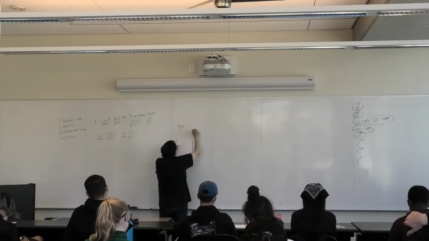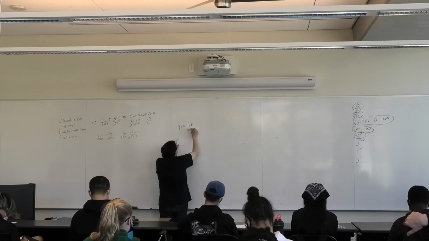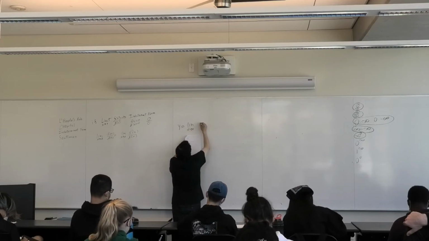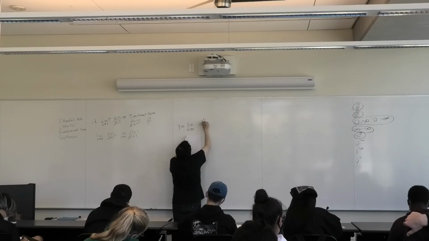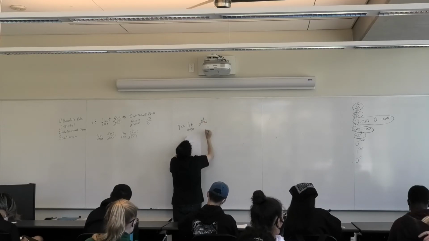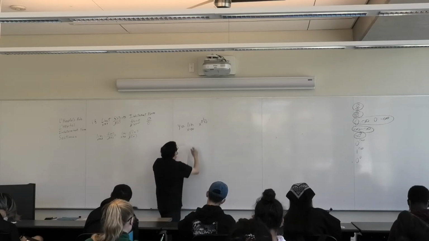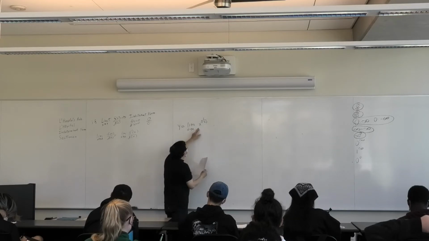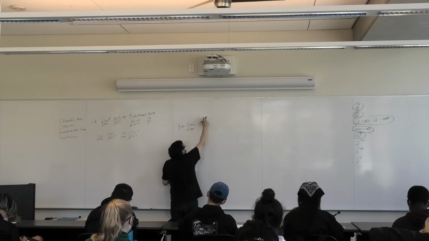I'll stick my y in right away because I know what's coming. y is the limit as x approaches 1 of x to the 1 over 1 minus x. So what is this going to? x is clearly going to 1, and this is going to 1 over 0.